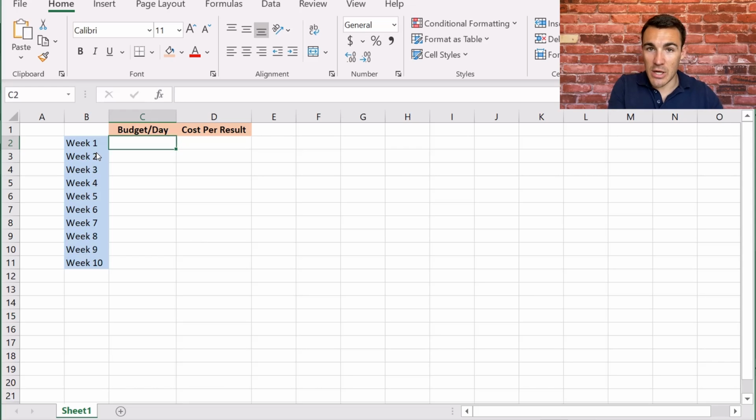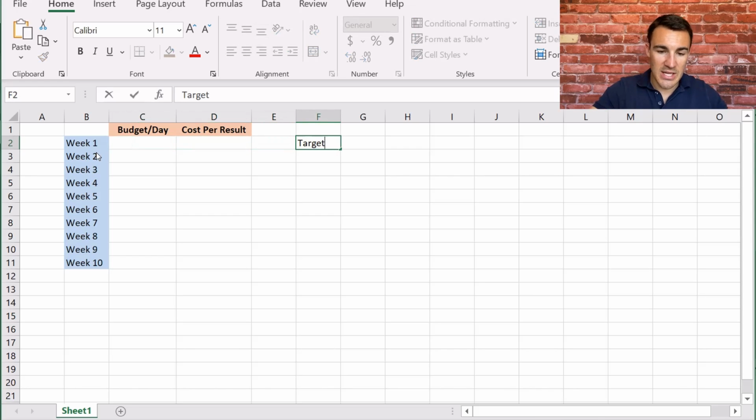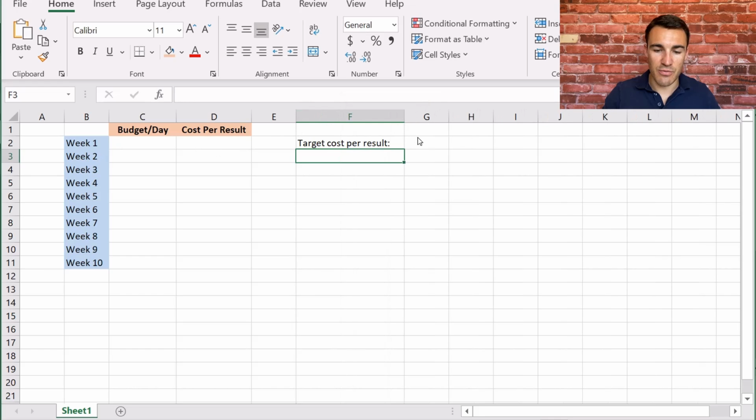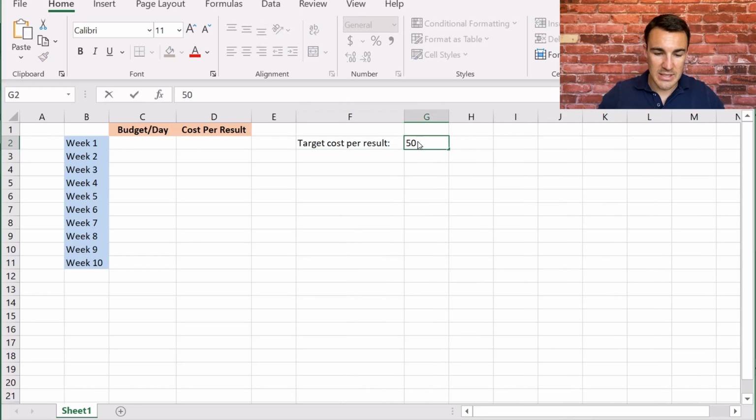So let's assume that in this scenario that we've got in front of us right now, that we've already established that the campaign is performing very, very well. And let's assume that in this campaign example, let's say our target cost per result is, let's pick a nice round number, let's say it's $50, and let me make that currency.